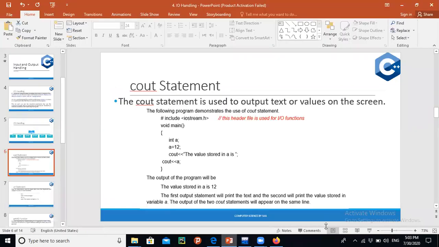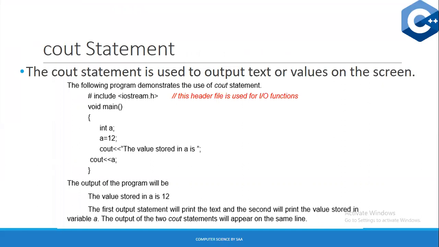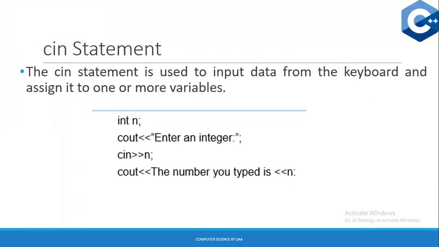Now moving towards the next portion, that is the cin statement. The cin statement is used to input data from the keyboard and assign it to one or more variables.